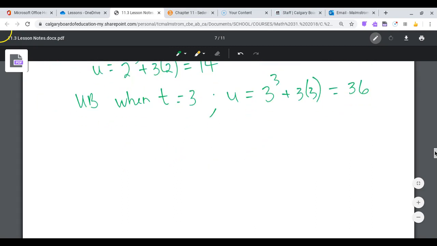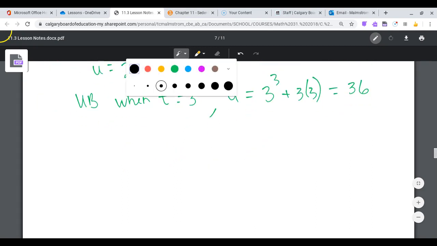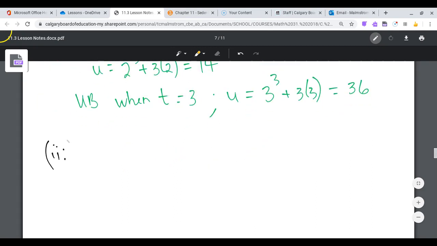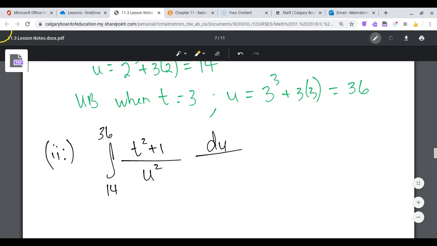Now I'm going to make my new function. So my boundaries are going from my lower boundary of 14 to my upper boundary of 36. I have t squared plus 1 as the numerator over u squared. And then I have du on 3 times t squared plus 1.